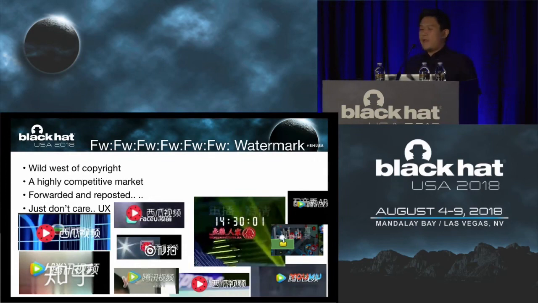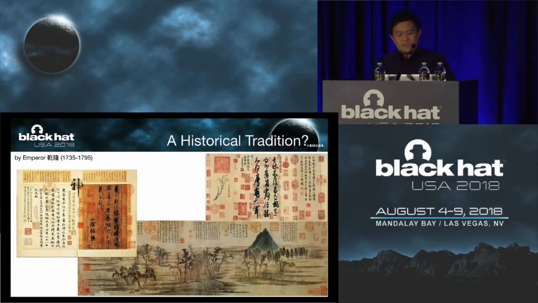So as a hacker, I want to do something to urge them to drop this ugly way. So maybe this is a historical tradition, because back in the 17th century, the emperor of the Qing dynasty had a bad royal habit of placing red stamps on all his collected arts.